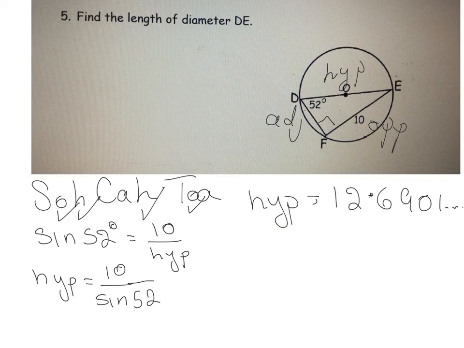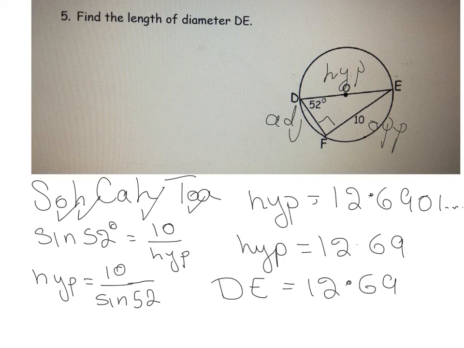So the hypotenuse is equal to 12.6901, continuing on, rounding that to 2 decimal places. So hypotenuse is 12.69 to 2 decimal places. So DE, the hypotenuse, is equal to 12.69.